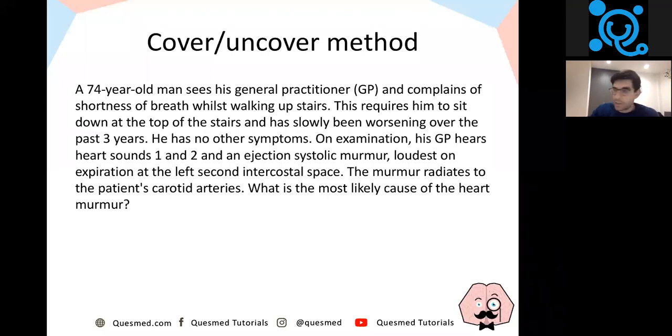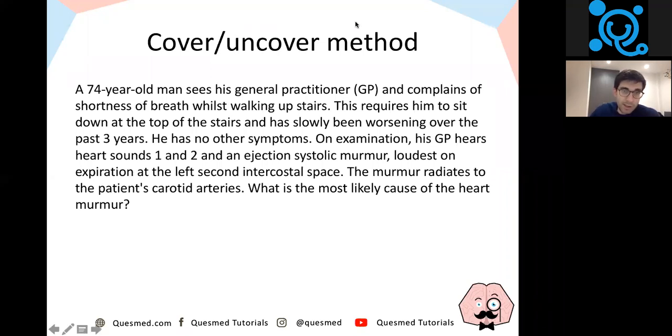So let's read this question for like 2 seconds or more than 2 seconds. Yeah, we don't need to do a poll or anything. So it's just heart sounds 1 and 2, ejection systolic murmur, loudest in the left intercostal space, radiates to the carotid arteries. Before we even look at the answers, we know that it's probably going to be a particular cause of the murmur.